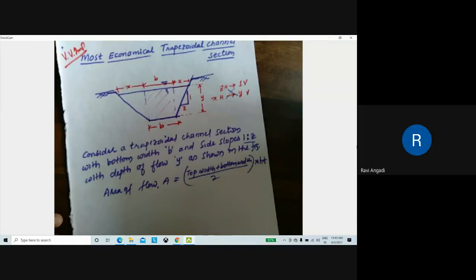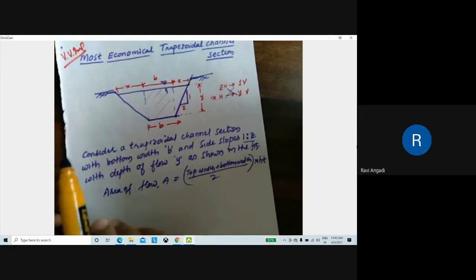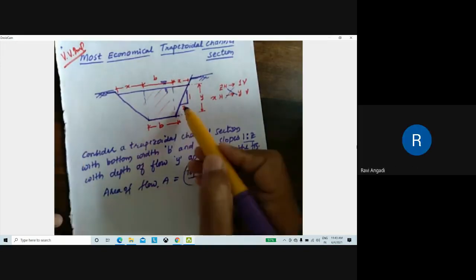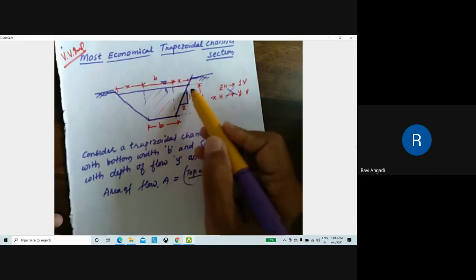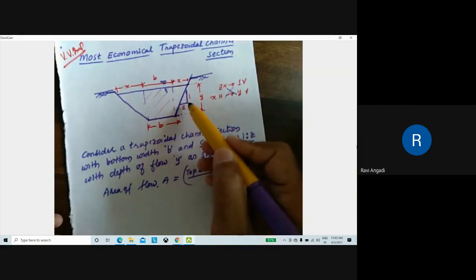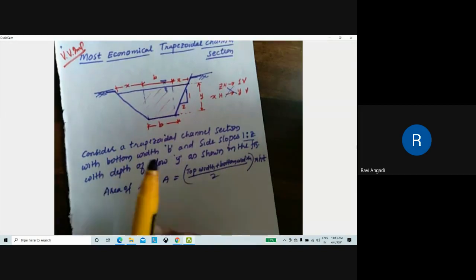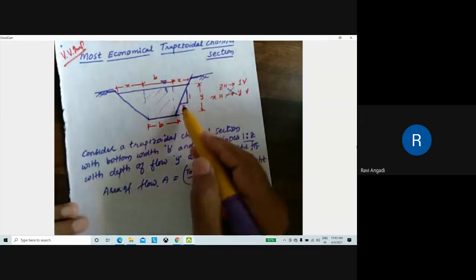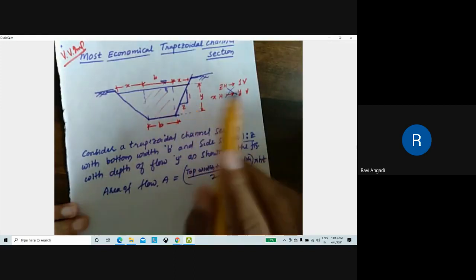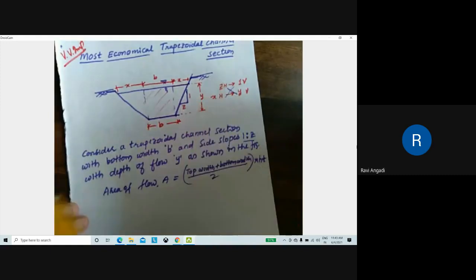Hello. My voice is audible to you, all right? It's simple. I'll repeat it once again. For a Z horizontal, one is vertical. Z could be any number. Here they given Z. For a Z, it could be 10, 10 is to 1, it could be 20, it could be 30, whatever number Z. For that, one is vertical.